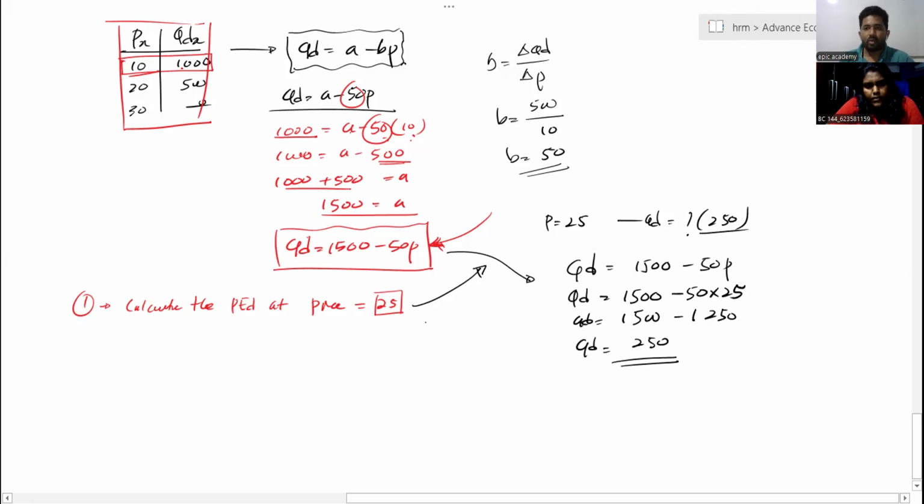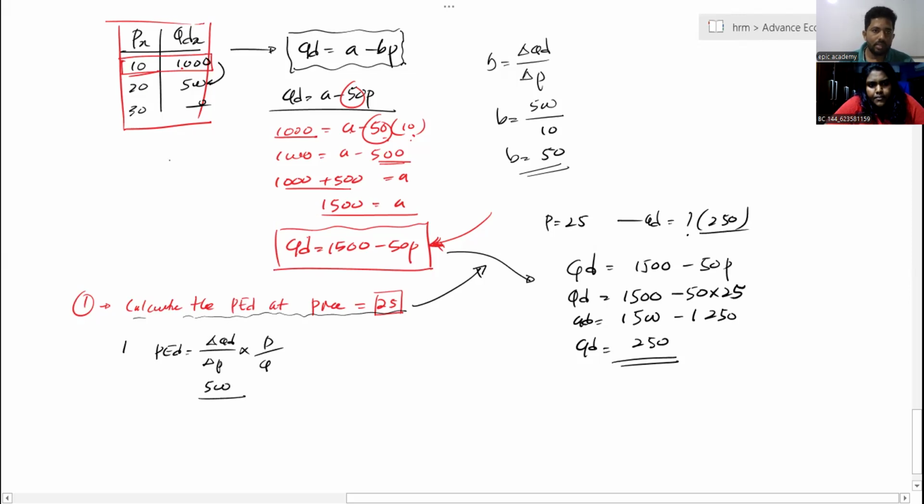Now we have calculated the values, so you can calculate the elasticity. Go to the point elasticity, because they are asking to calculate the PED at price 25, a certain price. PED equals delta QD divided by delta P multiplied by P over Q. Delta QD means the difference between two points, it is just 500.